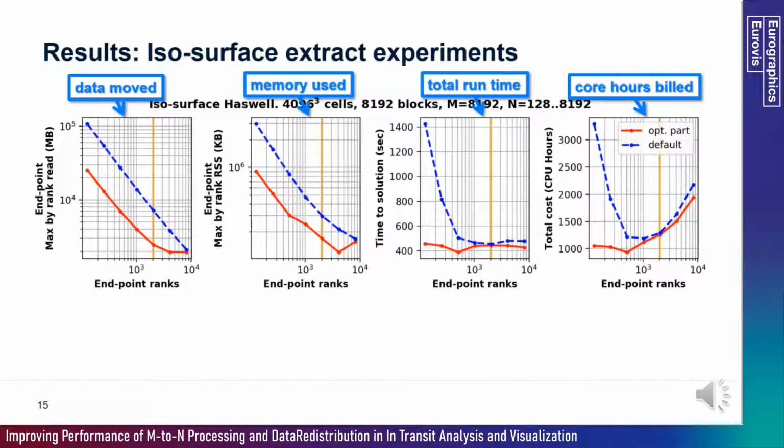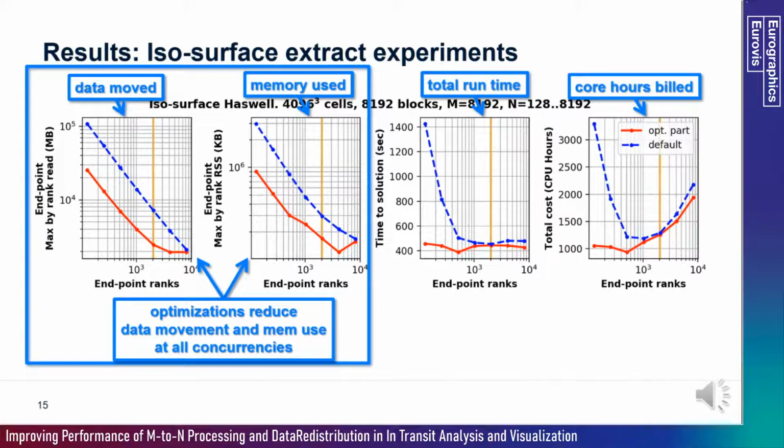In these figures, the horizontal axis shows N, the level of endpoint concurrency, and it varies from 128 up to 8192. In these experiments, the mesh size is fixed at 4096 cells cubed, and the level of simulation concurrency is fixed at M equals 8192.